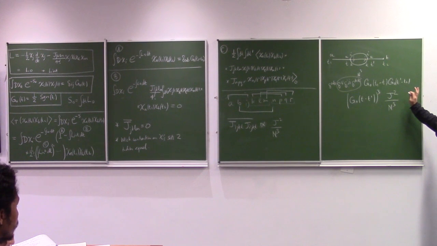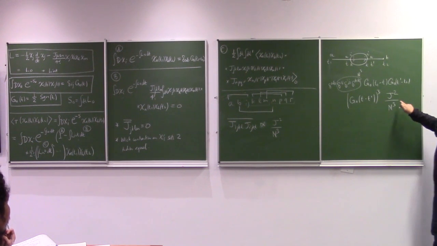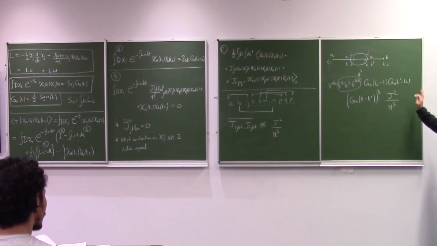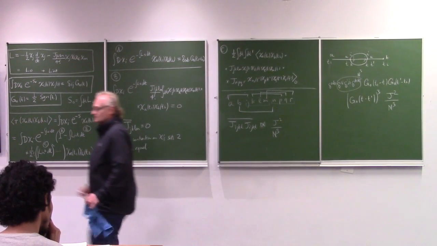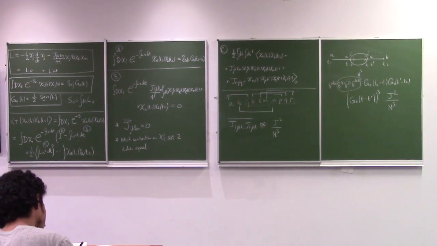So how big is this diagram? Order 1. When we take N to infinity, this is the same size as the leading term. It does, however, have this J squared sitting here. Okay. So what was important was the size of the diagram, and you guys will have fun getting the coefficient exactly correct in the tutorial.